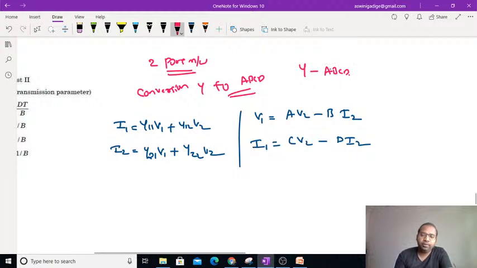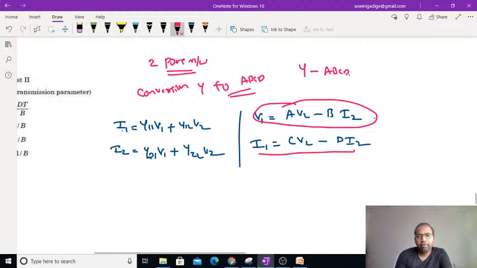Fine. So now coming to this one, let's see this equation. From this equation, I1 is equal to CV2 minus DI2, and here also I1 is there. And from the other equation, what will be the I2, guys?